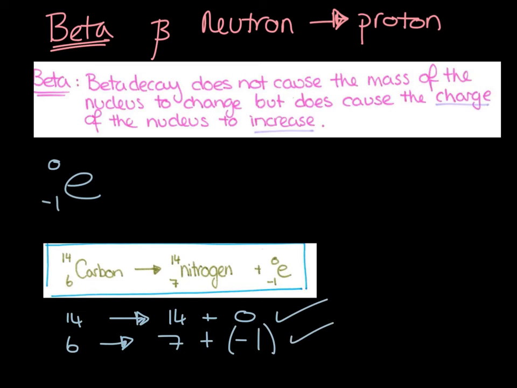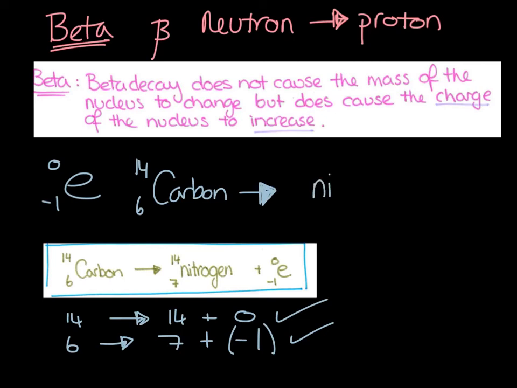And again, if you were thinking about an exam style question that you might have, you might be told that carbon 14 undergoes beta decay, and you might have to write a balanced equation. So you start off writing down the things that you know. So you know that you've got carbon 14, that's got 6 protons. And the 6 protons would be hidden somewhere in the wording of the question. That's why you've got to read the question so carefully.